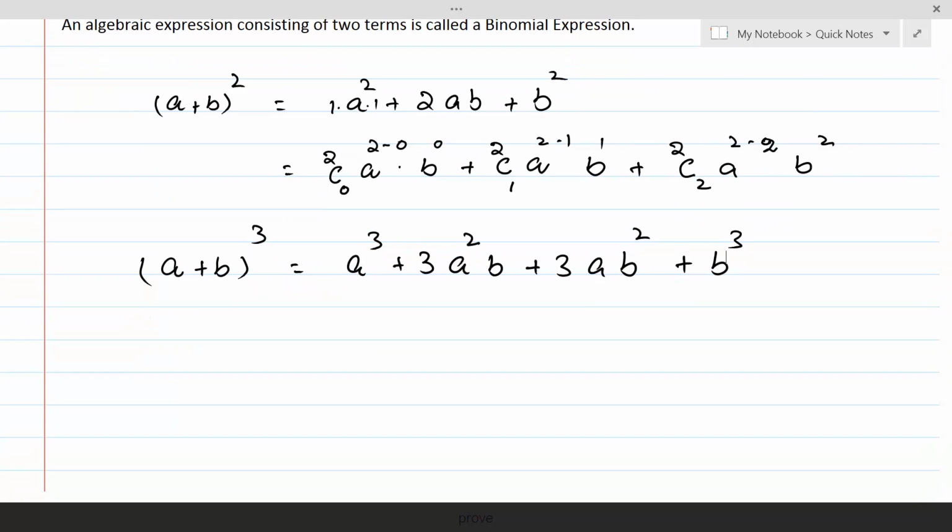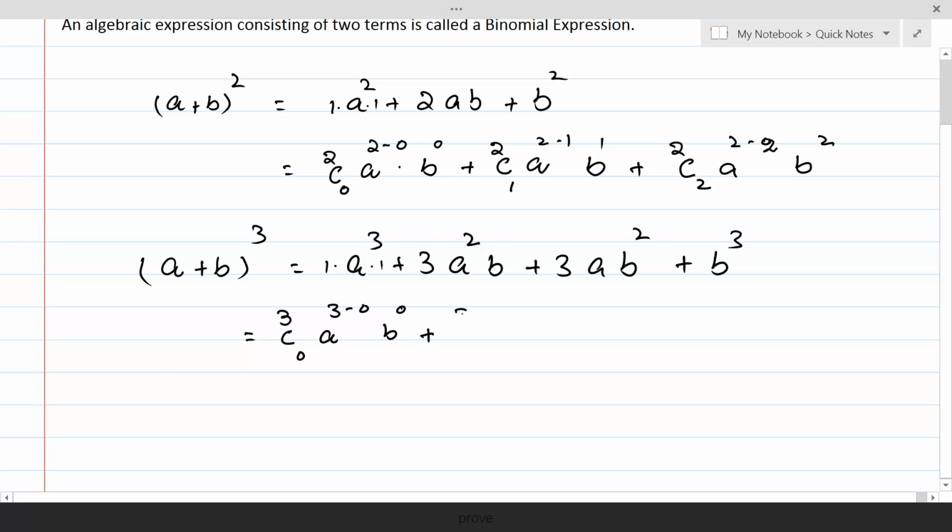Again, if we write the same expression with reference to the pattern we just discussed, this will also follow the same pattern. Here the coefficient of a cube is 1, which could be written as 3C0, and then a power 3 minus 0, which still is a cube. Here there is 1, which could be b power 0 because b power 0 is 1.